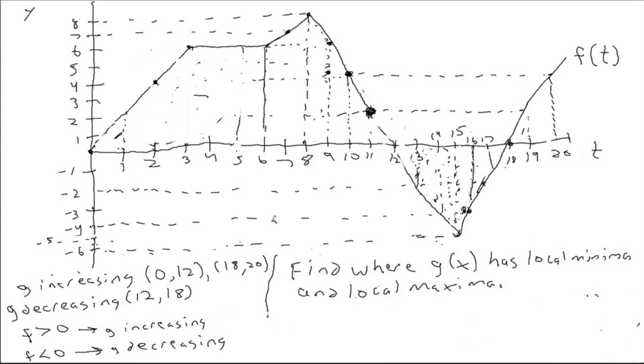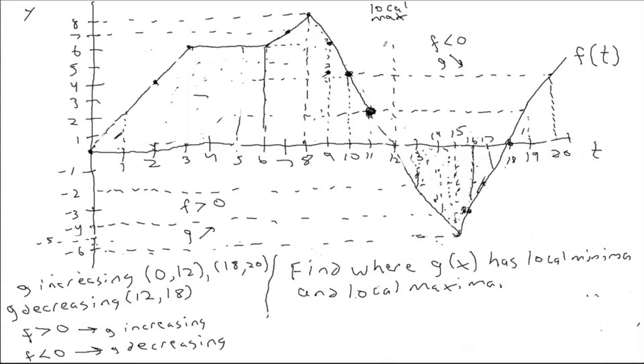And then F is negative from 12 to 18, so that means G is decreasing from 12 to 18. So when t equals 12, we have a local max. And then we have... One moment. So the local max occurs where? At 12. When who's equal to 12? When g is 12, g of 12.